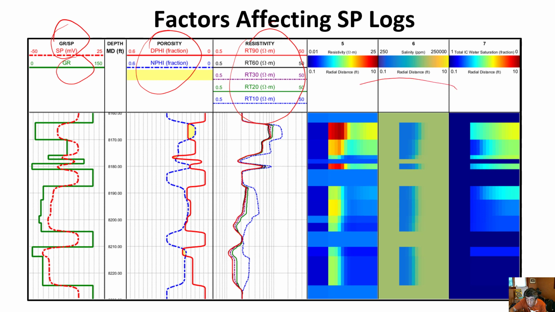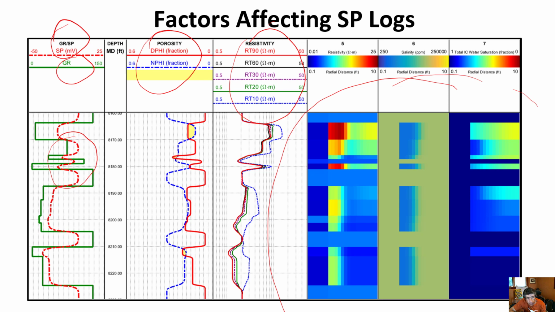These diagrams over here are radial cross sections of water saturation, salinity, and electrical resistivity. And here we have the dominant logs, which are the gamma ray log in green and the spontaneous potential log in red. What we see in this area is that the layer thickness suppresses the value of the spontaneous potential, so we have to be mindful of that.